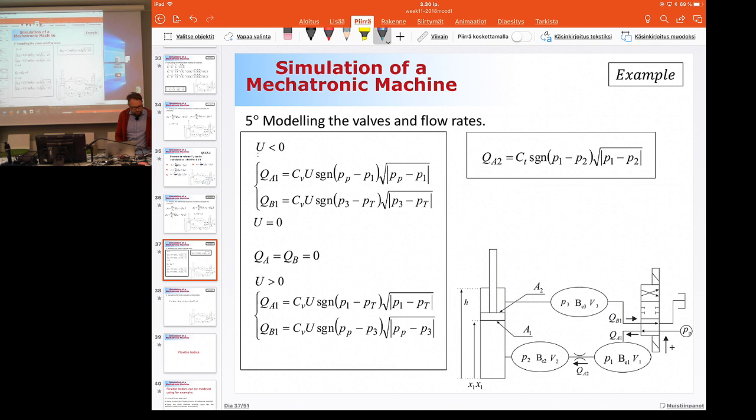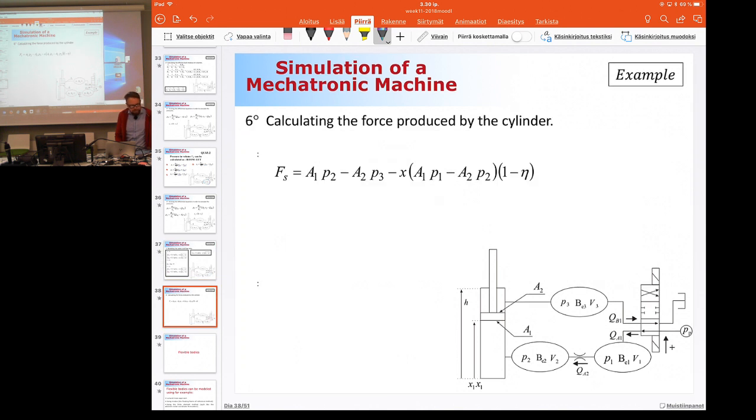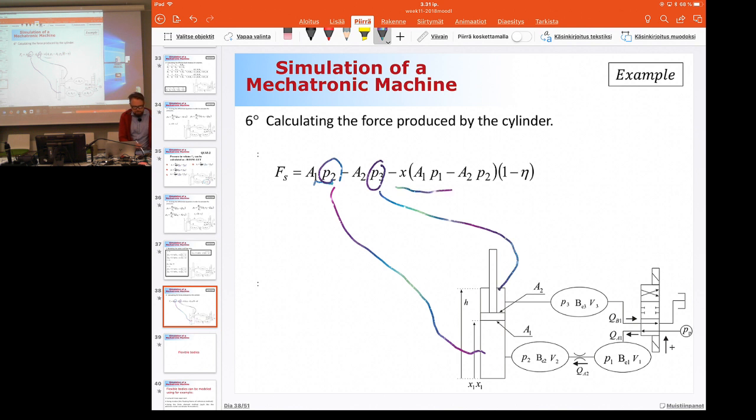So here were the flow rate equations. Now finally, step number 6 is to compute the force produced by the hydraulic cylinder. So pressure number 2 is the one applied here, minus pressure number 3, the one applied on the piston rod side, minus the friction model, and this is supposed to be X dot.